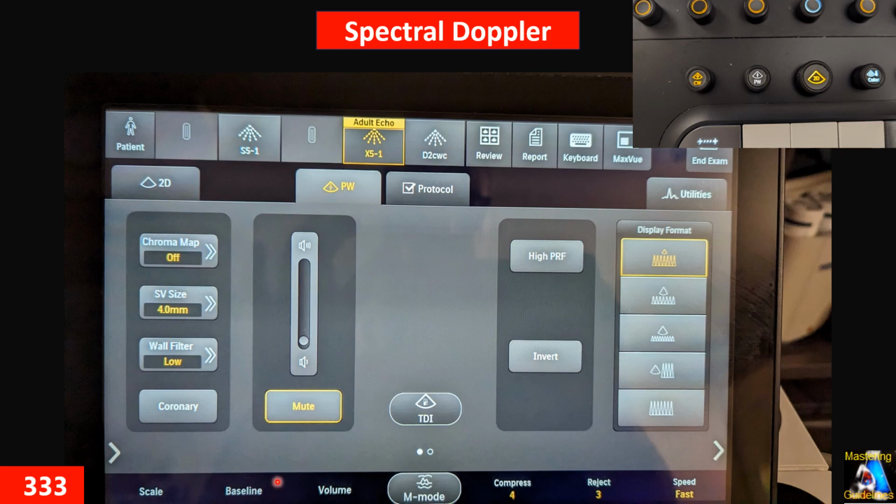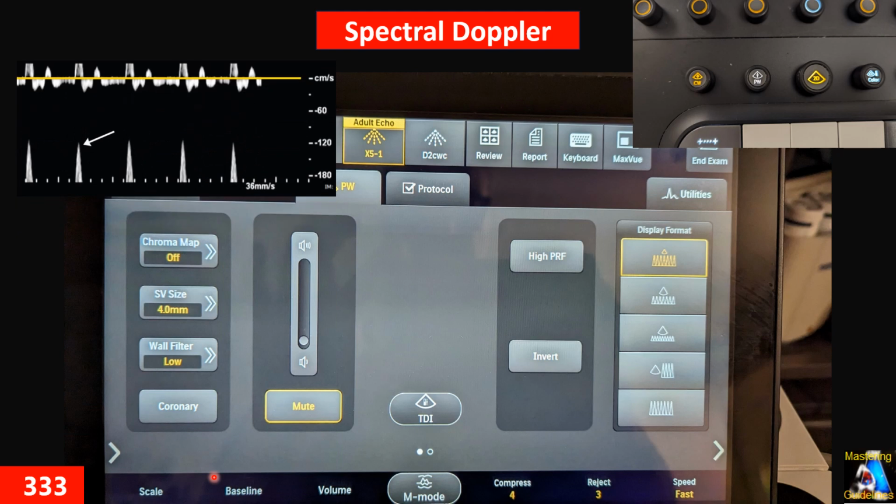First we fix these two, baseline and scale, because baseline and scale determine the size and where our Doppler is. It's very important when we have range ambiguity. As you can see here, we have range ambiguity.